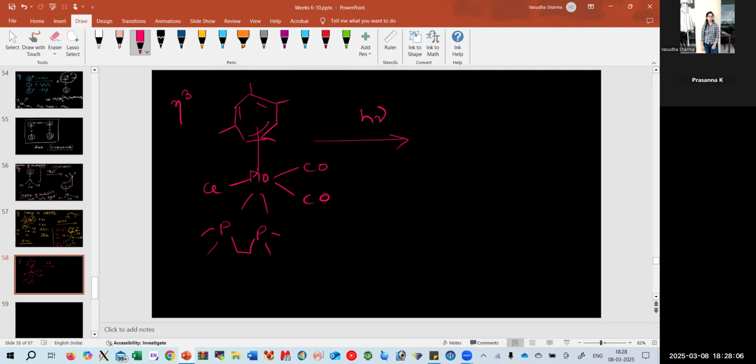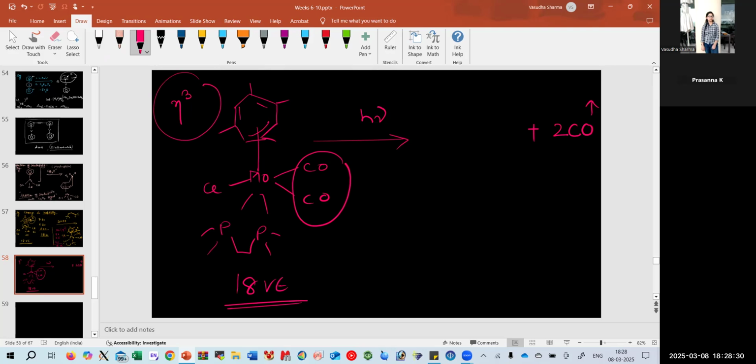In the presence of light, it is very easy to cleave your CO, either with thermal energy or photo light. So you're releasing 2 molecules of carbonyl, that means CO gas, and therefore 4 electrons are gone. Now it again has to accommodate 4 more electrons and we are not providing any other ligand.